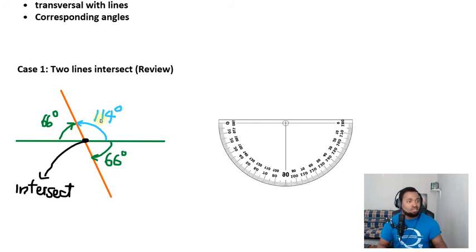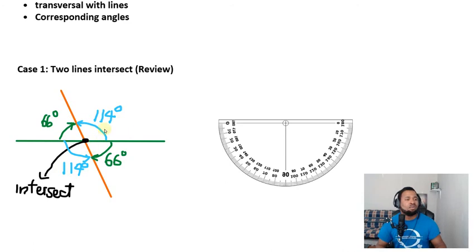And this 114 degrees has an angle that is directly facing the other side, which is also measured here to be 114 degrees. This shows you the corresponding angles that are noticed when two lines meet at a particular point.